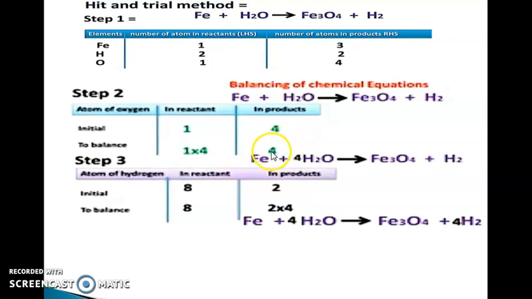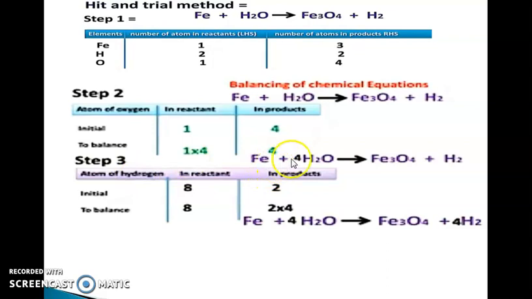So we will write this 4 as a coefficient along with the water molecule. After that, the total number of oxygen atoms becomes 4. So on the reactant side as well as on the product side, the oxygen atoms get balanced. Now let's start, in the third step, with the hydrogen atom.